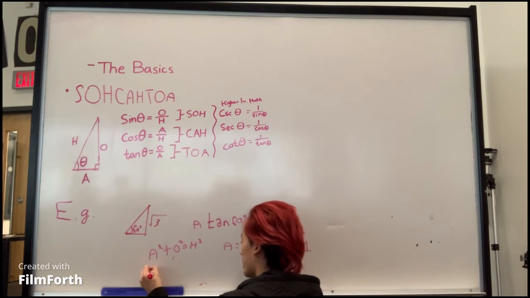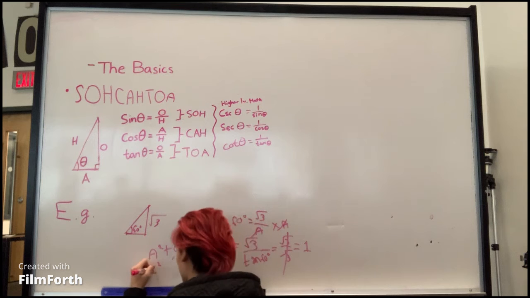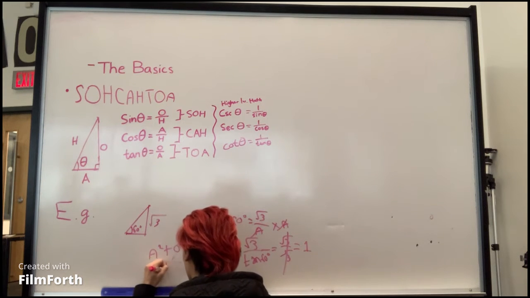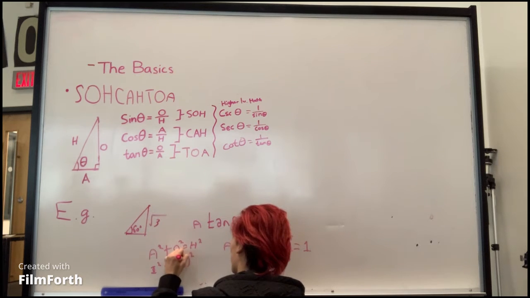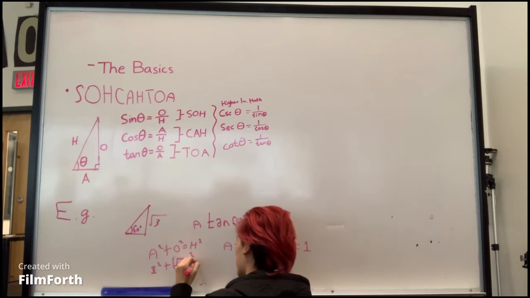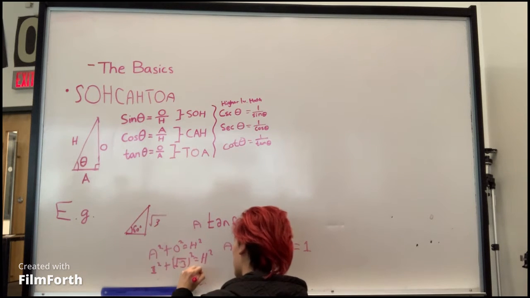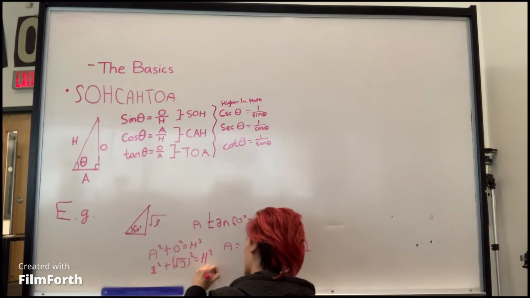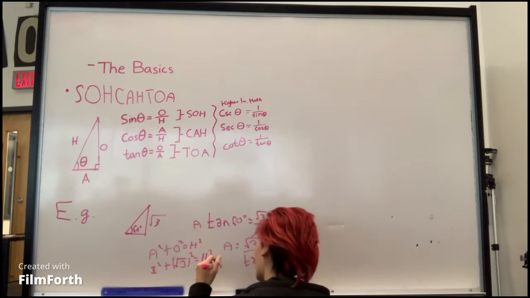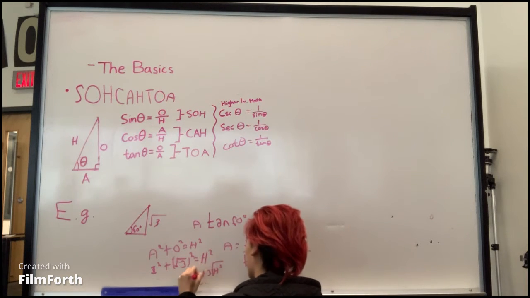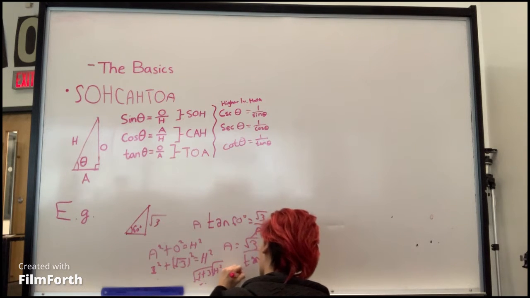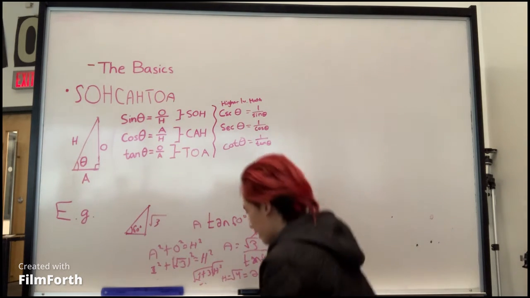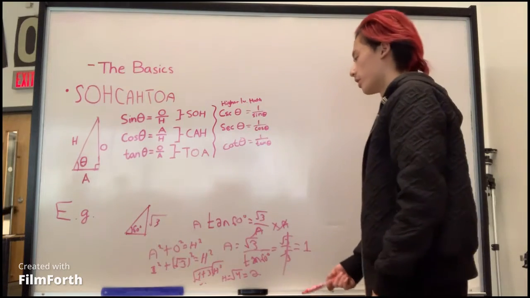So we get 1 squared plus root 3 squared, which is just 3, as the square root and the square cancel out. So then you get 1 plus 3 equals h squared, and we're trying to solve for h, not h squared. Therefore, we square root both sides, and you get h equals the square root of 4, which is 2.